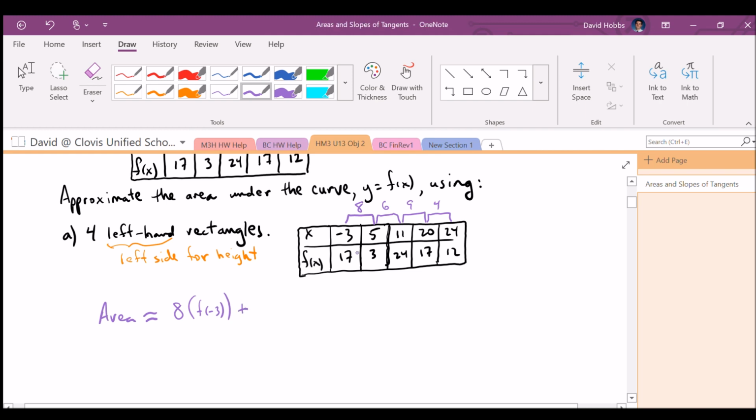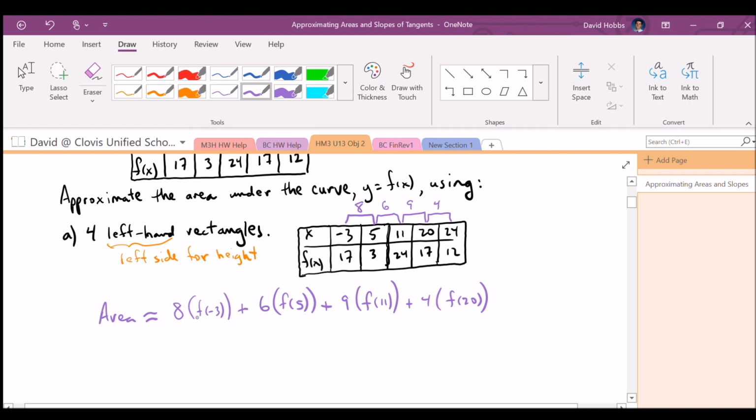Plus, and then my next base is 6 times my next height. Now, which one's my left-hand side? The left-hand side is the f of 5. And then 9 times f of 11 and 4 times f of 20. Notice we never use the f of 24 because that's a right-hand side and we're doing left-hand rectangles, so yeah, we're not going to use the f of 24.